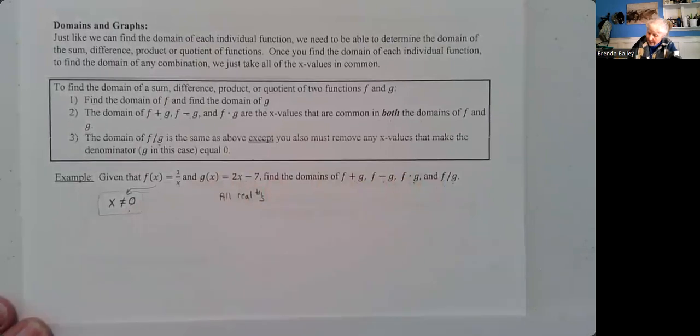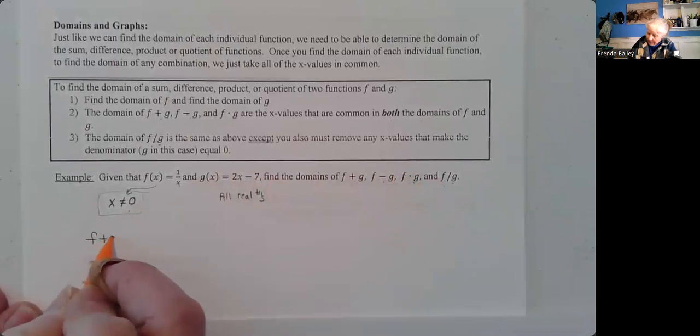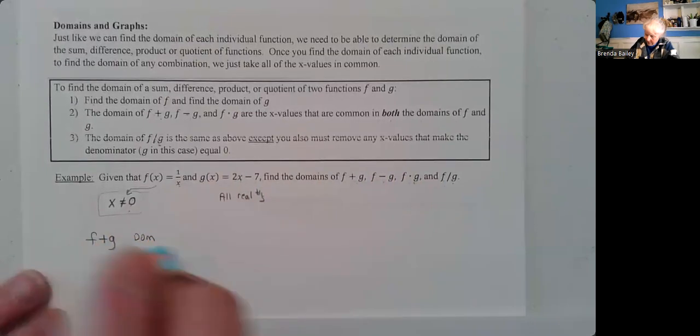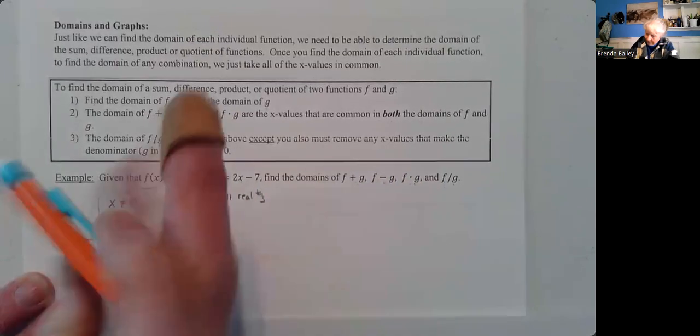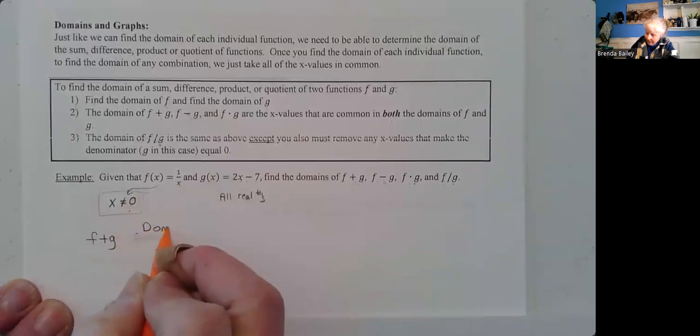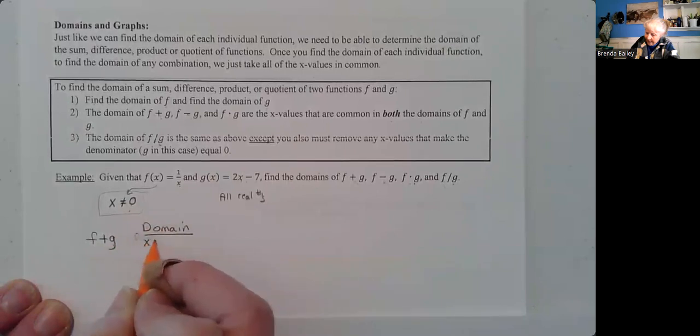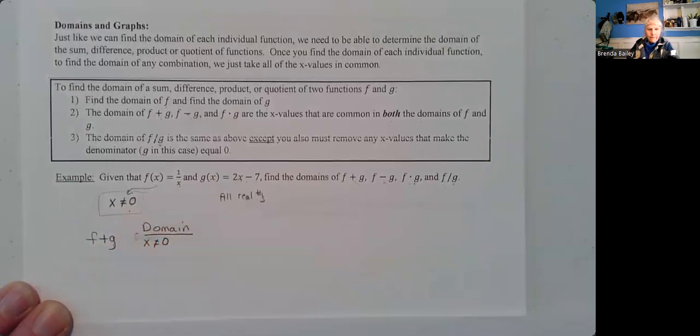So the domain of f plus g is x cannot equal 0. The domain of f minus g is x cannot equal 0. The domain of f times g is x cannot equal 0.